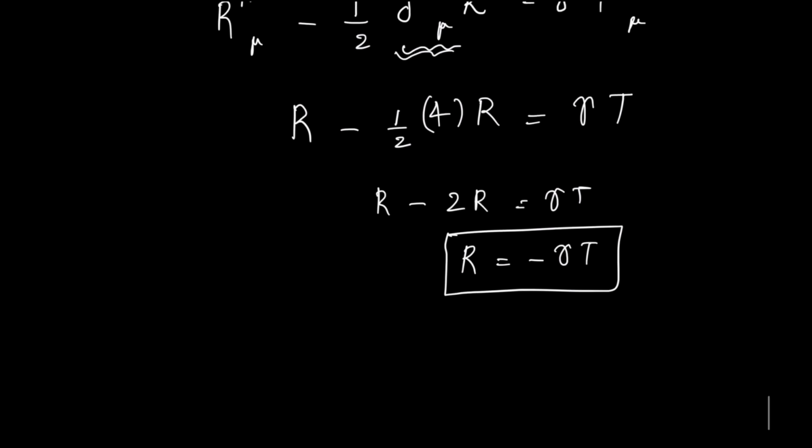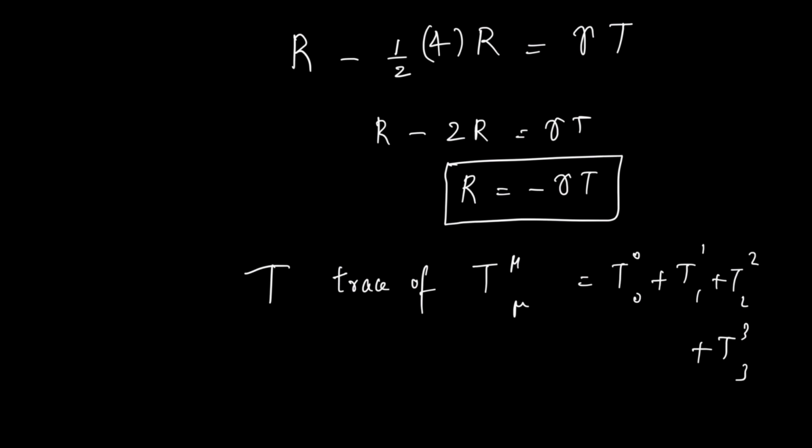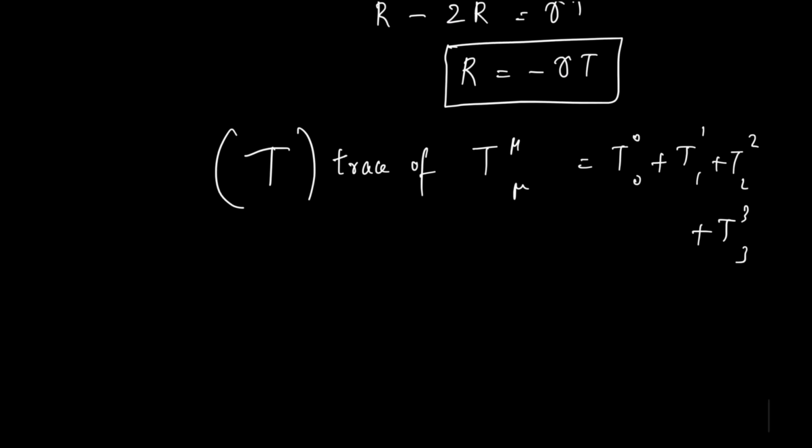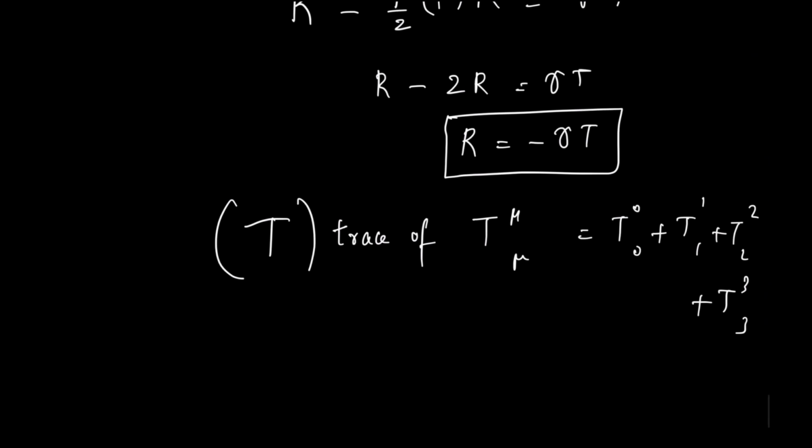Okay, so here T is the trace of T^mu_nu, that is T00 plus T11 plus T22 plus T33. So T means the trace of the matrix T^mu_nu. So we have the equation R is equal to minus gamma T. So you can substitute it back into the Einstein field equation.